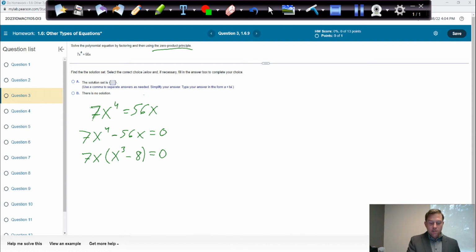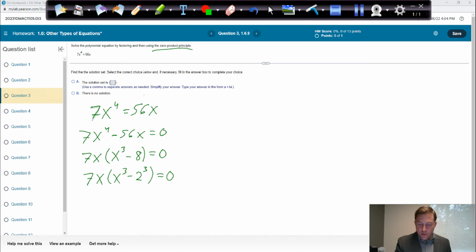Okay, now this is called the difference of perfect cubes. So x to the third is a perfect cube because it's to the third power, and 8 can be written as 2 to the third. And so there's a formula for that. I'm going to give you both formulas, and then we're only going to use one.